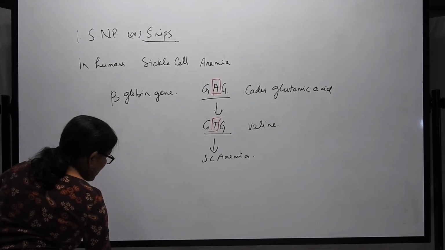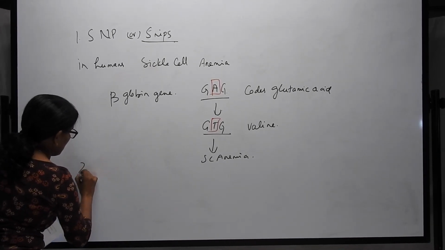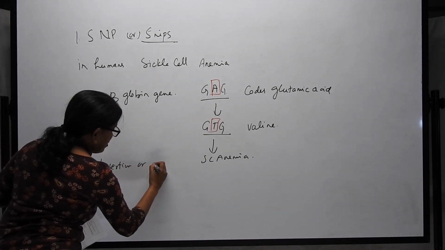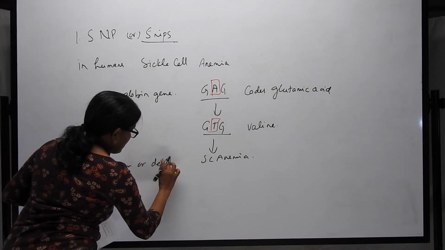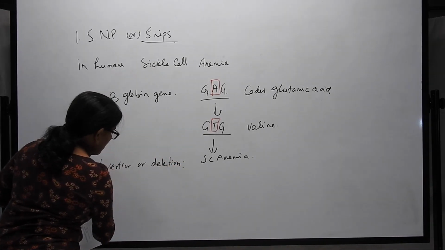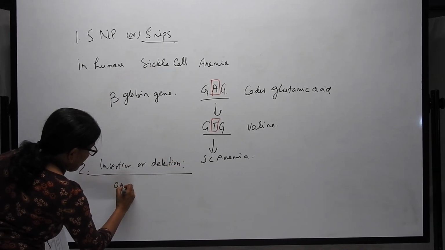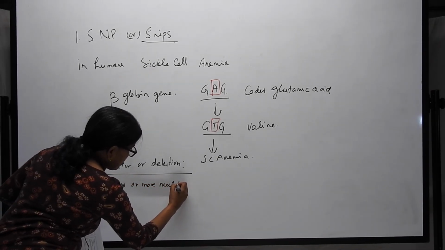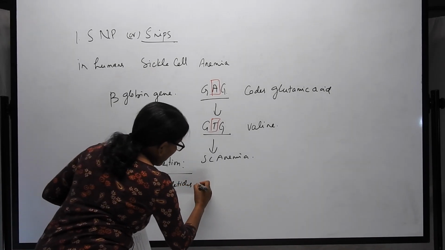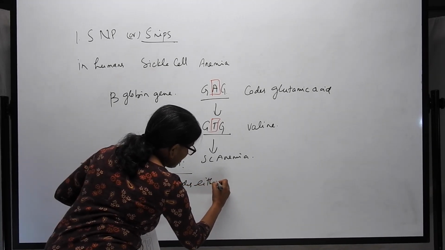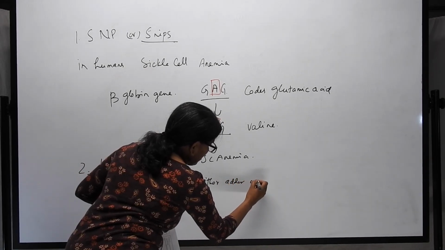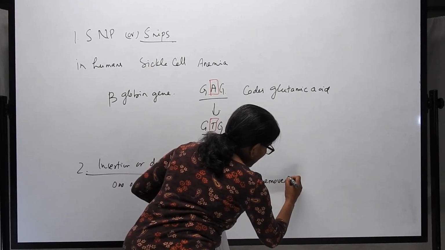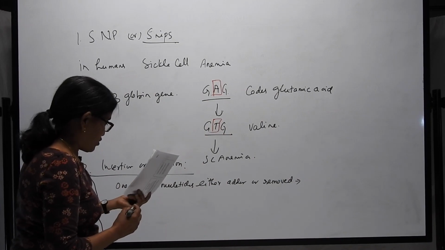And then second is insertion or deletion. This is where one or more nucleotides are either added, the insertion, or removed, the deletion, which results in a frame shift mutation.